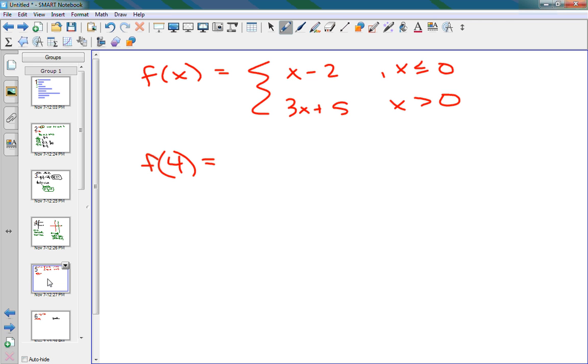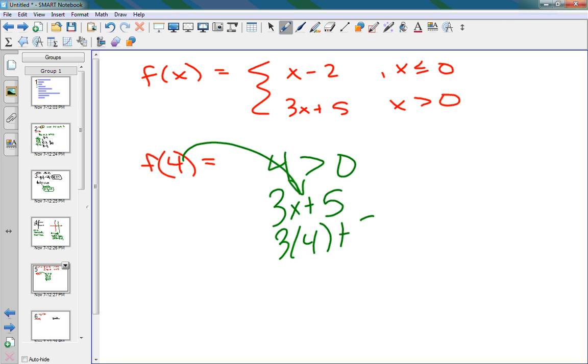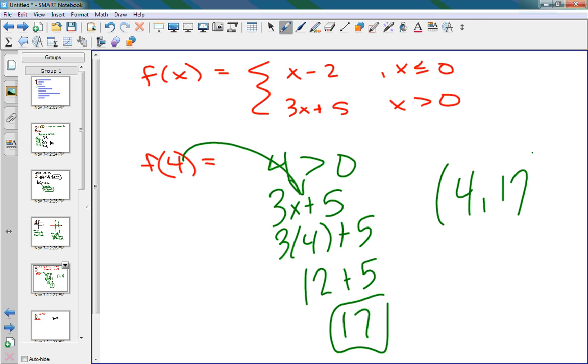Is 4 greater than 0? Since it's greater than 0, I'm going to use the 3x plus 5. Do we see that? And every place I see an x, I plug in the value 4. So I have 3 times 4 plus 5 to give me 12 plus 5, which is 17. So what's my ordered pair? 4, 17.